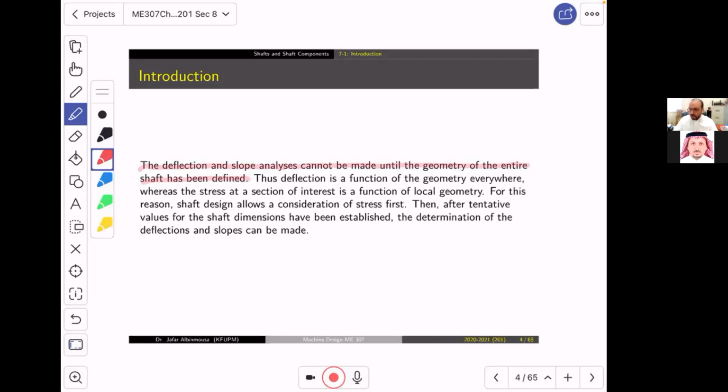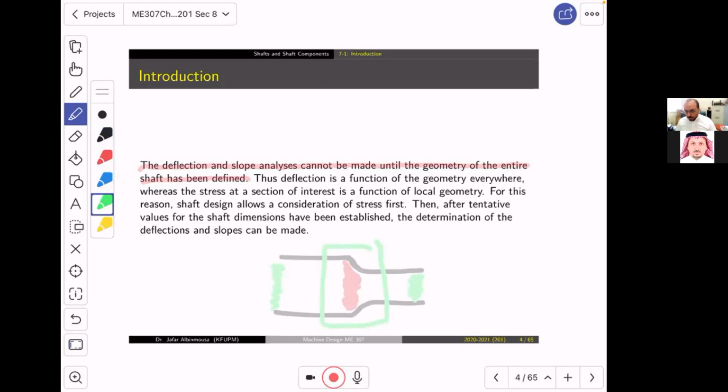For example, in stress analysis, if we have the shaft like this, we know that this region will be affected by the fillet, and the stress in this region might go high just because of the fillet, but this region may not experience anything. Away from it, it doesn't matter.